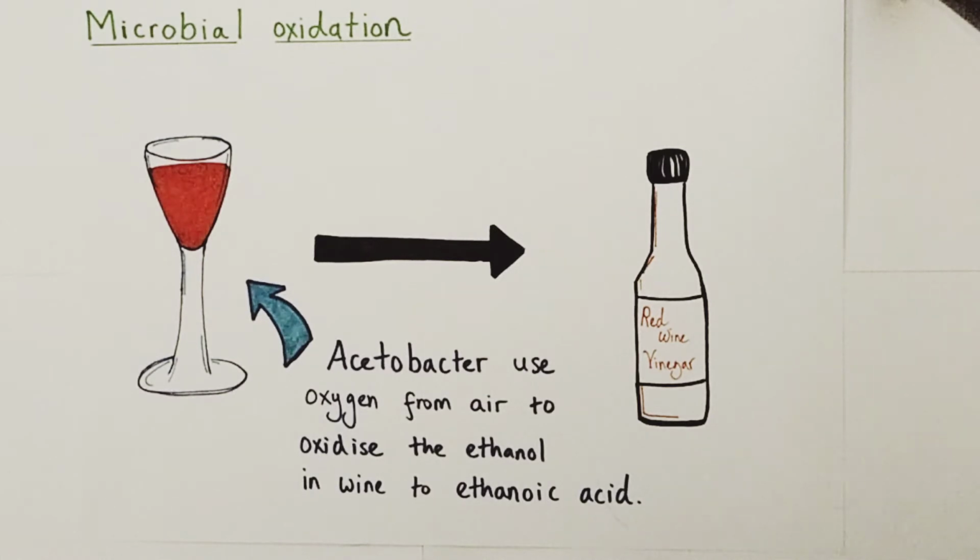And it changes the taste of the wine from that sweet tannin flavor to that vinegary flavor, sour in taste. And so you've converted your wine into red wine vinegar, which again is a commercially useful flavoring product.